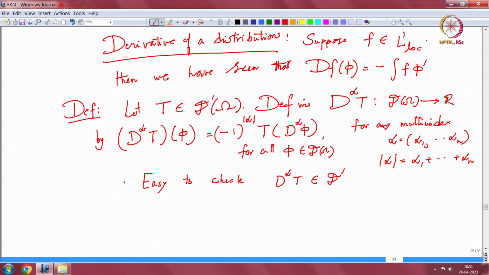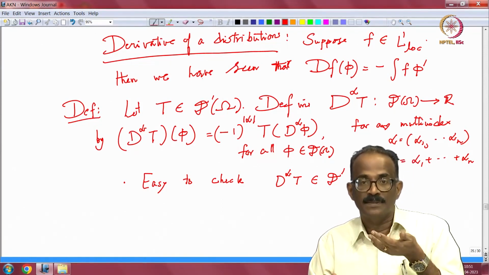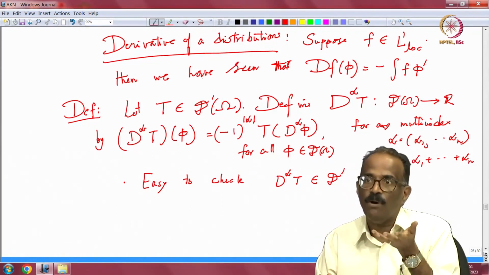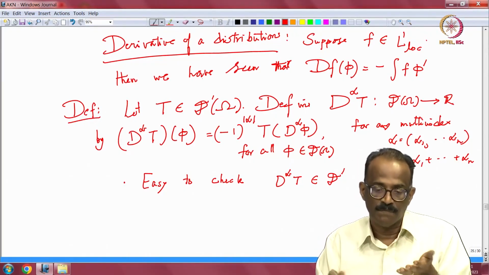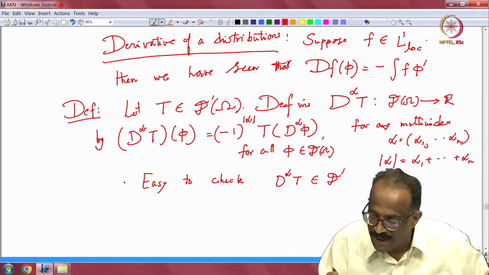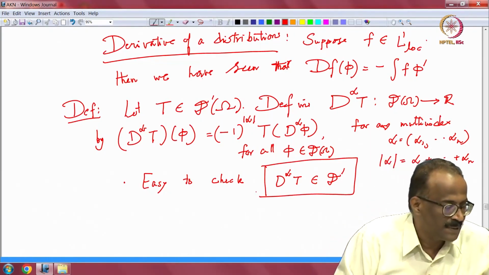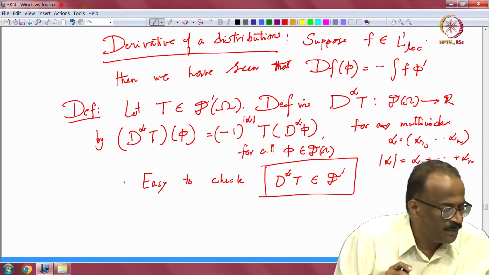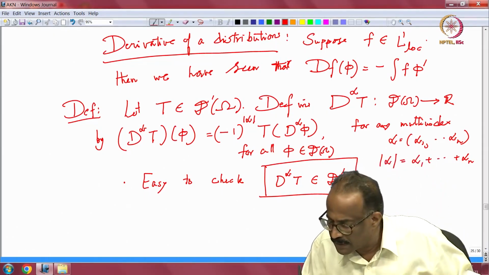In particular, D power alpha of phi n converges to 0 uniformly. Since T is continuous, T of D power alpha of phi n converges to 0. That means D power alpha of T acting on phi n converges to 0. So you get this immediately. Let me give you a couple of examples in the next slide.